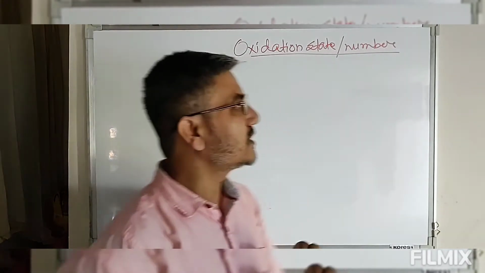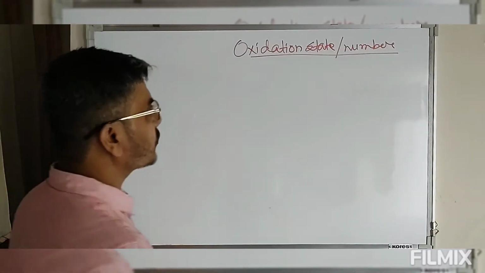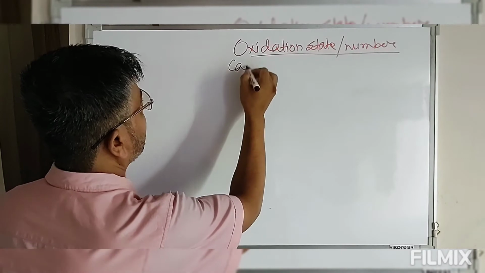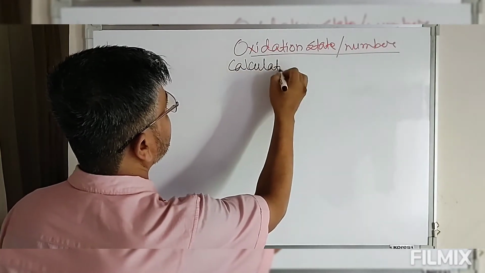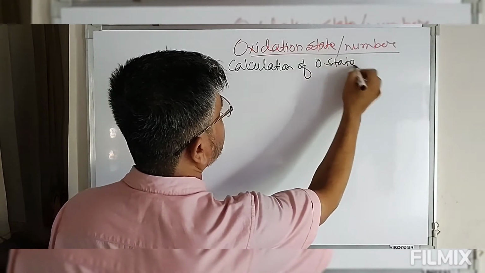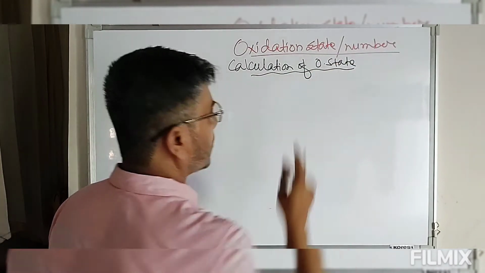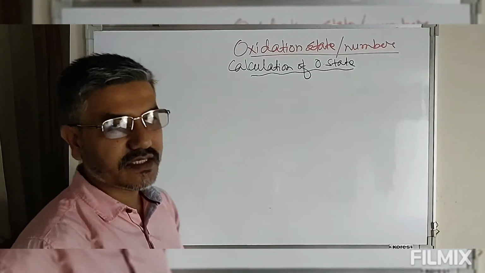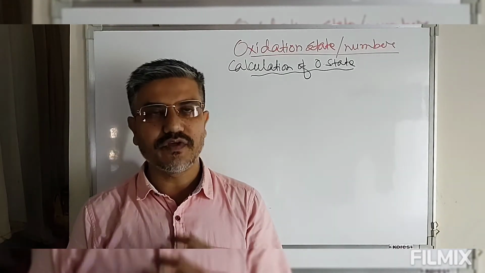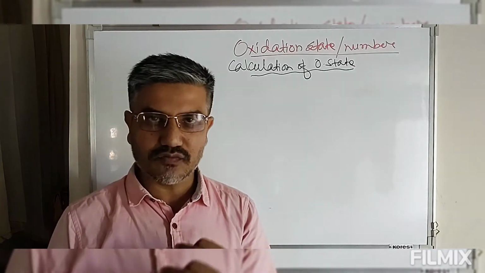So let's see how to calculate the oxidation state or oxidation number. To define the oxidation state of a combining atom, we have to follow certain sets of rules.